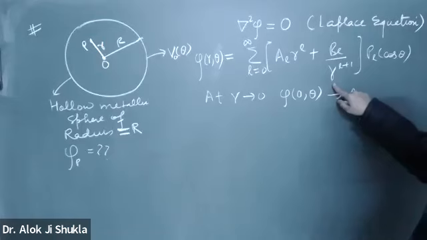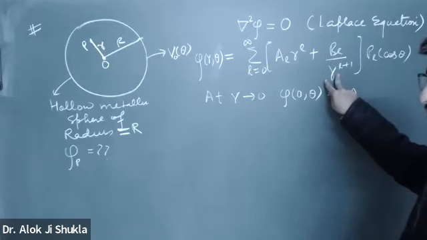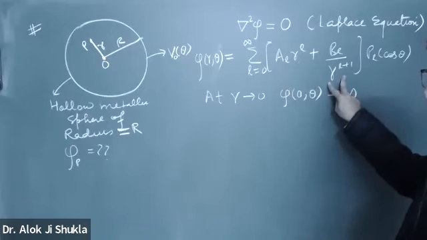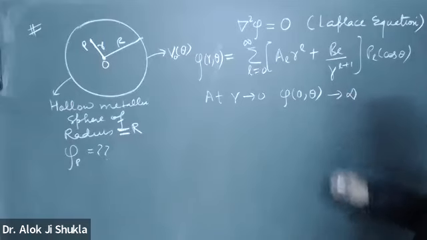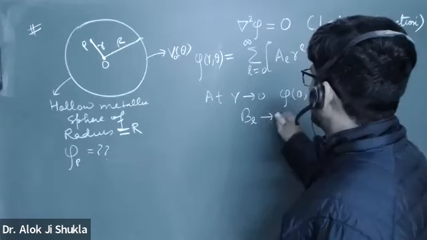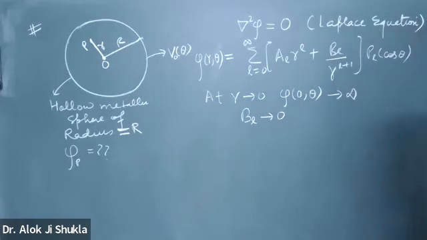This is in the denominator. So if you put r equal to 0, this term will become 0. That is okay. But this term will become infinite, yes or no? So that means B_L should not exist, because potential cannot be infinite.